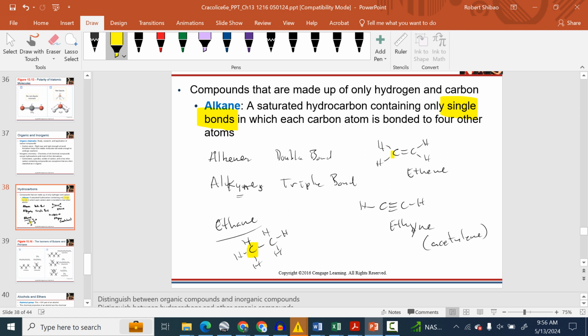When I look at ethene, it has 1 double and 2 singles. When I look at ethyne, it has 1 triple and 1 single. Those all count as 4 bonds, even though we can't separate them into 4 distinct bonds. For ethene, we could separate that into 3 groups, and ethyne, we can only separate into 2 groups. So this would be trigonal planar, this is linear, and what would this be for ethane?